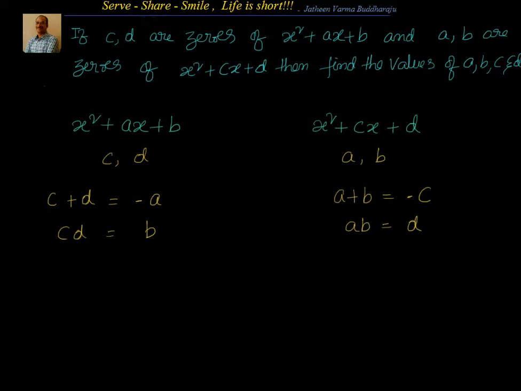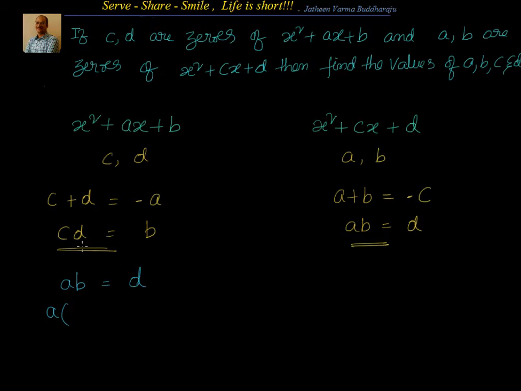Now we have to leverage these four conditions to find the values of a, b, c and d. For that I will start with the products. I will write ab equal to d, and b is nothing but equal to cd.